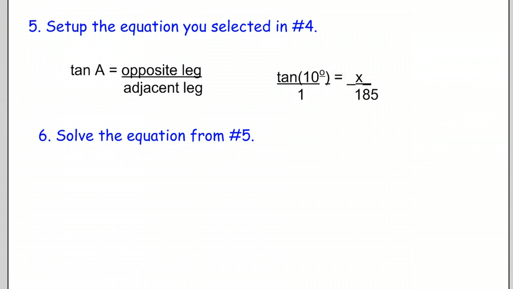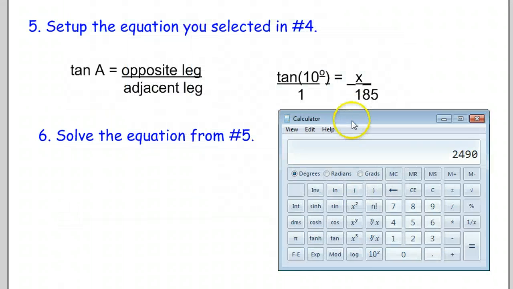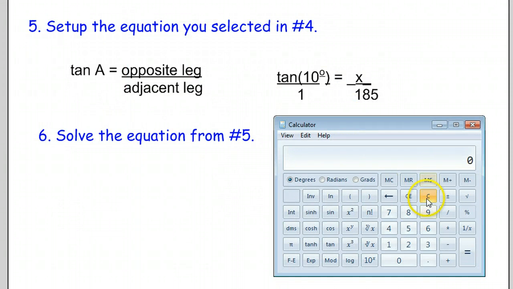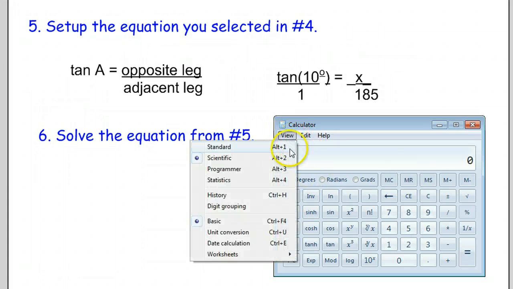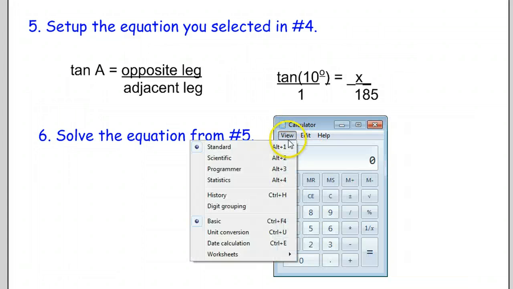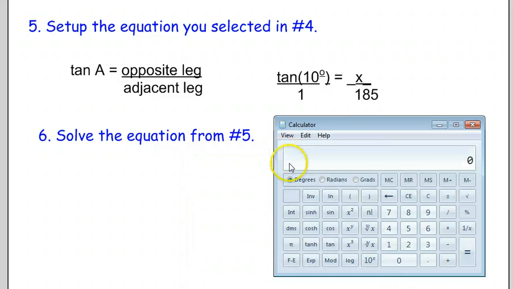I'm going to use my calculator. We're going to figure out what tangent of 10 degrees is. Make sure it's in degrees, and that we're in the scientific component, not the standard component. I type in 10 and then hit tangent, and that gives the ratio for tangent of 10 degrees.